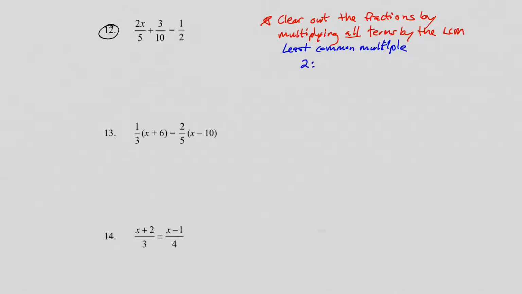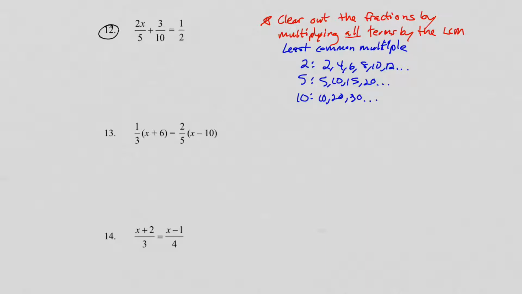And I'm going to list every number here from least to greatest. I'm going to say, okay, multiples of 2: 2, 4, 6, 8, 10, 12. Multiples of 5: 5, 10, 15, 20. Multiples of 10: 10, 20, 30.